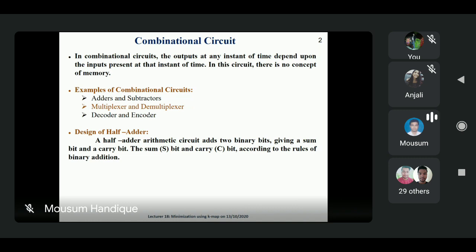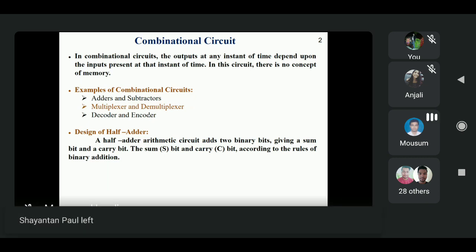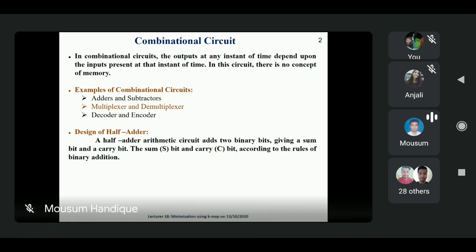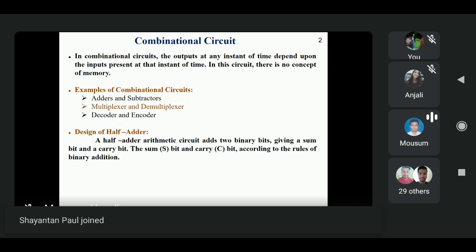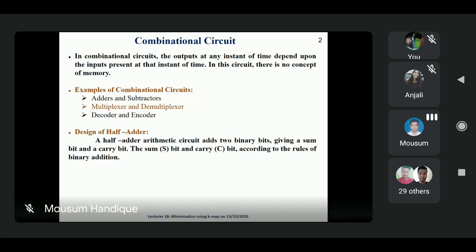Based on that logic, you can decide which gate is suitable for that function. Someone uses defined gates, someone uses universal gates, someone uses basic gates. From that concept, you can create the Boolean expression, then minimize the expression, and when you get the minimized expression, you can directly design the combinational circuit.